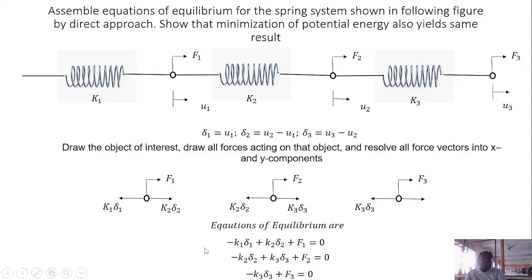So the initial step is equilibrium equation formation and free body diagram drafting. After completing this, we can utilize these extension equations which are delta 1, delta 2 and delta 3, and the equations of equilibrium for further solutions.